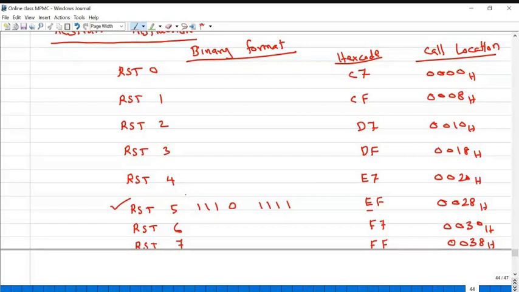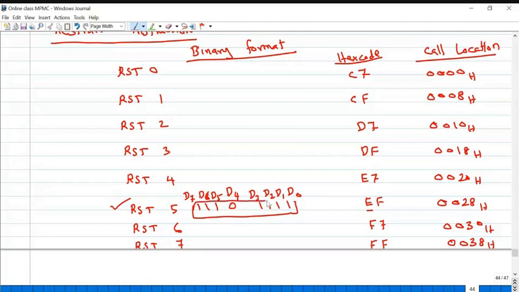So this is the D7 position: D7, D6, D5, D4, D3, D2, D1, D0. The microprocessor reads this binary information, and the processor understands that it is a restart instruction.